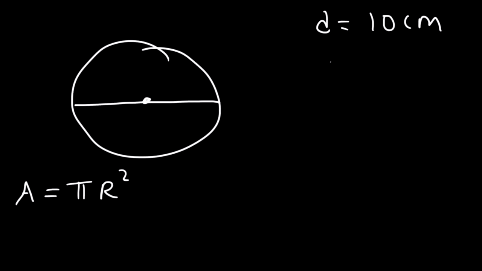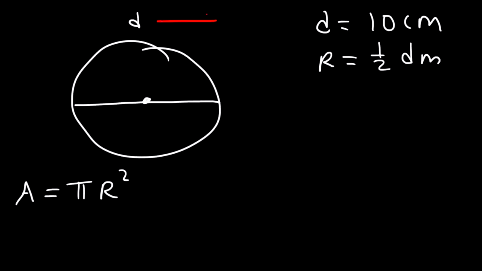Now let's talk about the area of a circle. So let's say you're given the diameter of the circle, and let's say the diameter of the circle is 10 centimeters. What is the area of the circle? To find the area, it's equal to pi r squared. The radius, r, is 1/2 of the diameter.